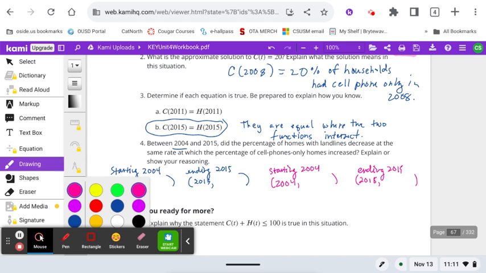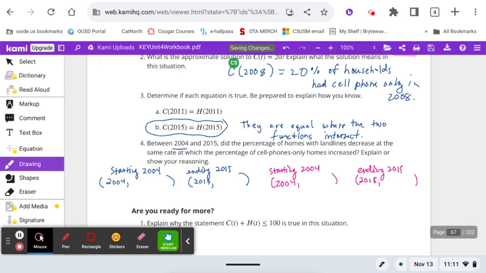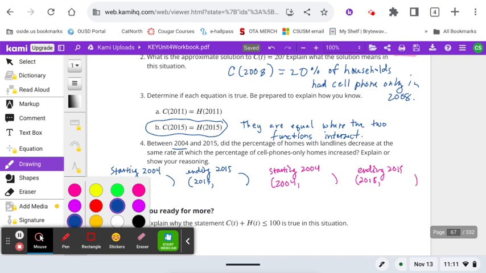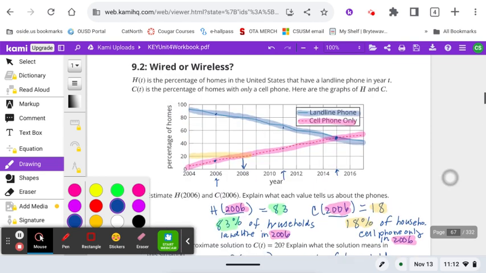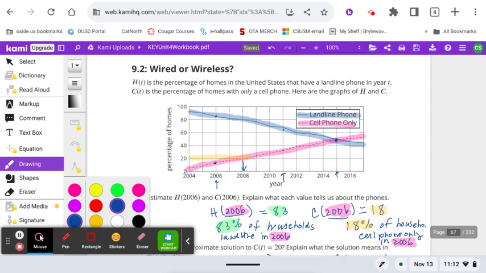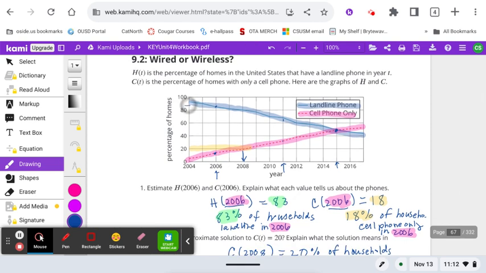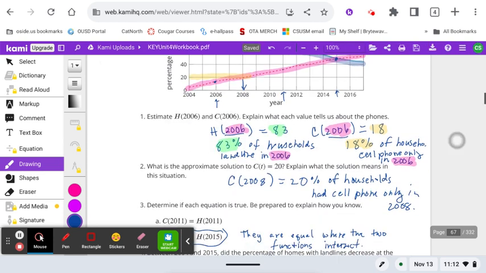Sorry, we're doing an increase and a decrease, but we're basically looking at the absolute value. So starting in 2004 and ending in 2015, let's call this one over here landlines, which is our H of T. So if I look up here at the landline, we started in 2004 at around 95. 90 would be right in the middle, so I'm going to call that 95.